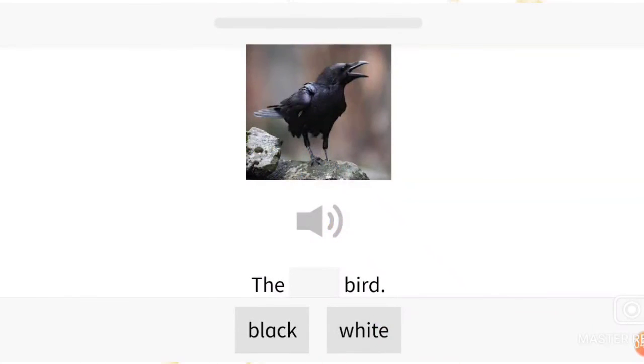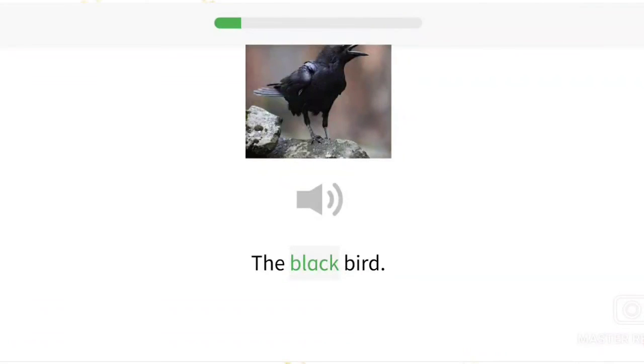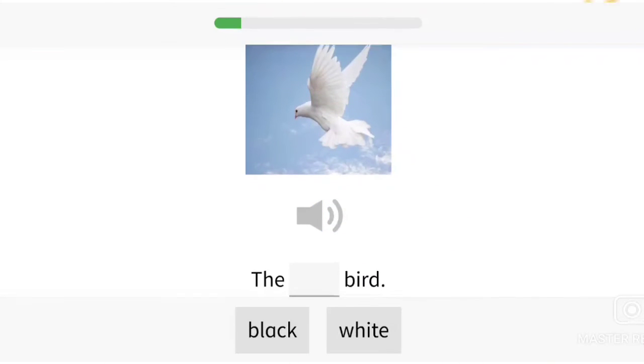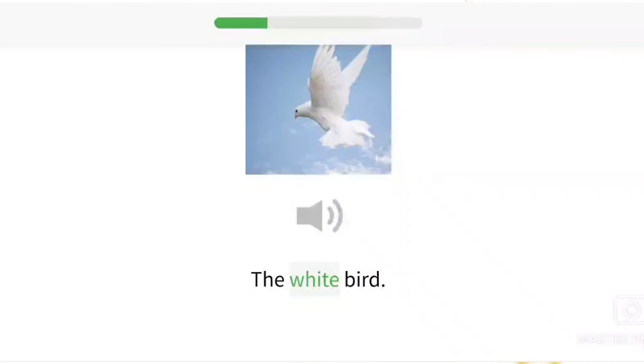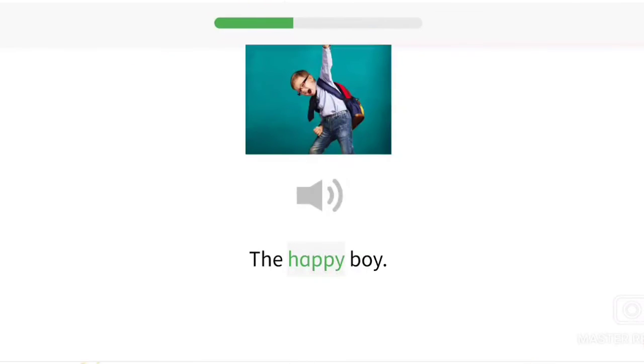So dear students, here you have to fill in the blanks with the right or correct adjective. How is the bird? The black bird. Now, how is the bird? The white bird. How is the boy? The happy boy.